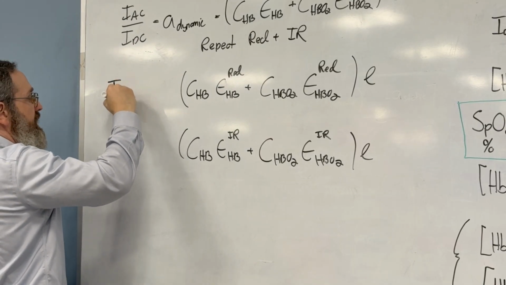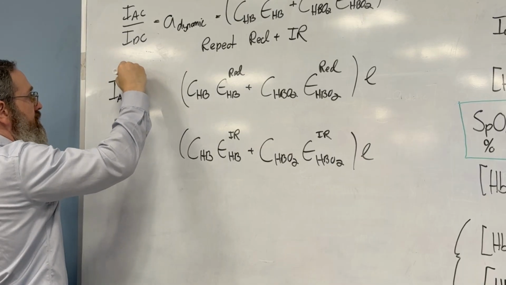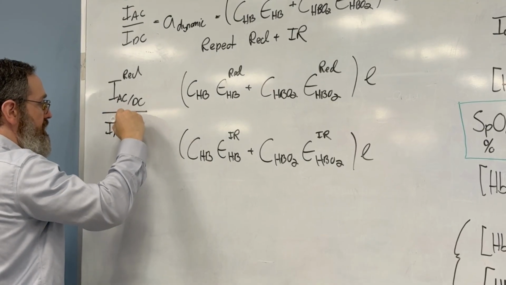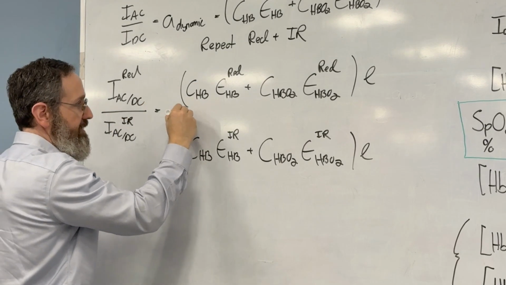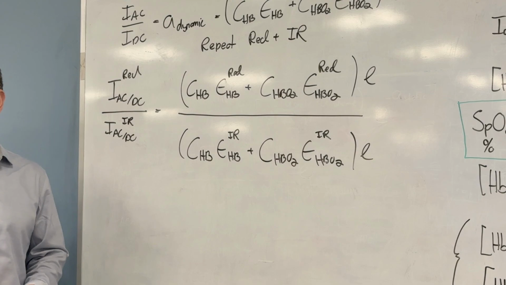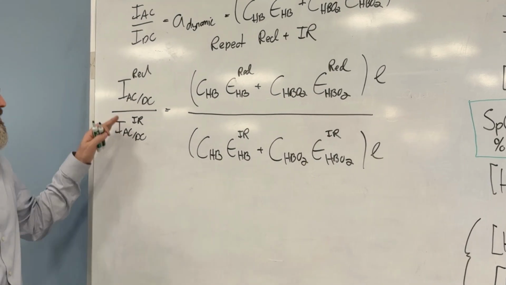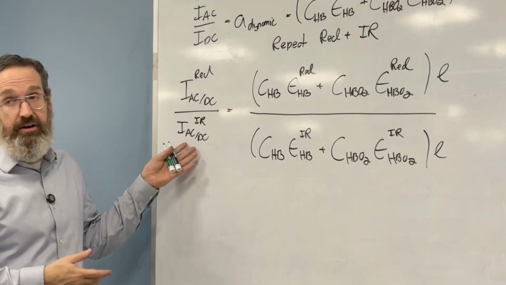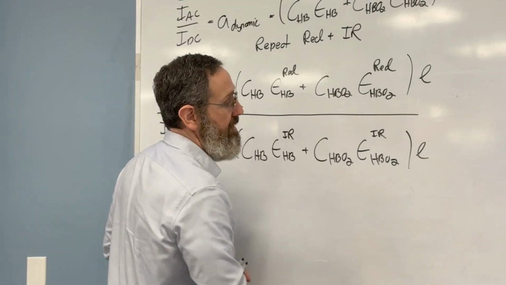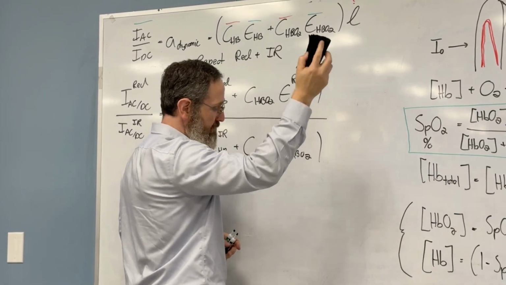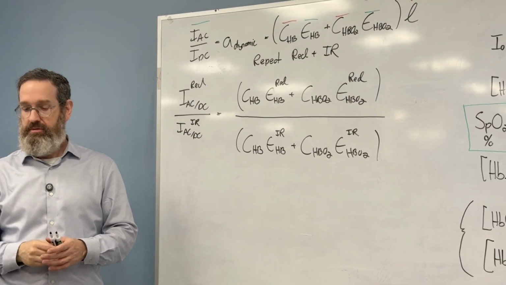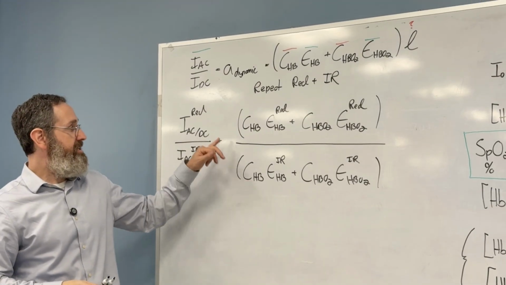I of AC to DC red over I of AC to DC infrared is going to equal this divided by that. Right? This is a number. If this was 3 and this was 1.5, I now have 2. And I can say that 2 is equal to all this. The path length cancels out, just like before. That's why it's the ratio of the ratio.